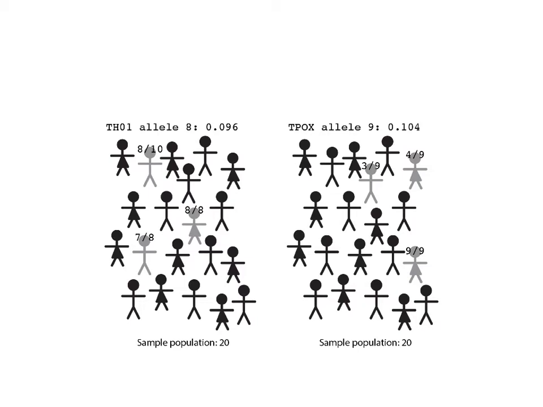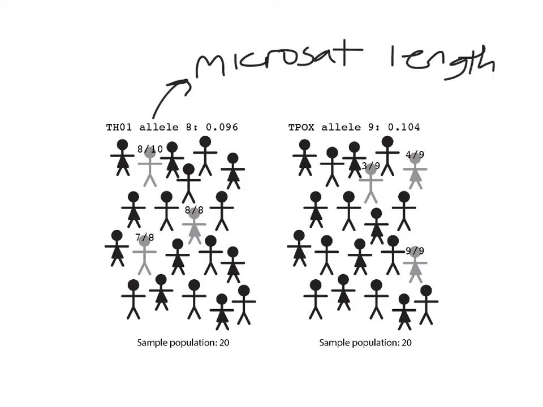This publication lists, for every one of those markers, like TH01, how frequent each allele is. When we talk about allele here, that means microsatellite or STR length, the number of repeats. So allele 8 means the repeat unit, whatever it is, has 8 copies.